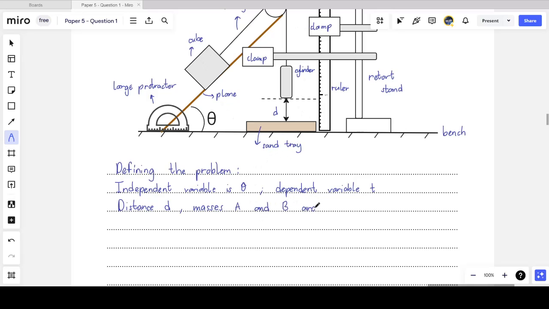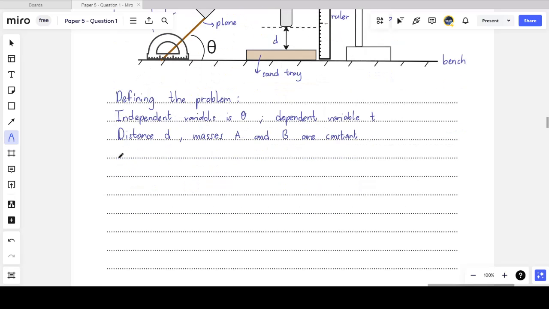Again, you don't have to write this here. You could write this later on in your guide of how we're going to carry out this experiment, but masses A and B are constant. If you think anything else should remain constant, then you can write it down. The material of the plane, the cube, the cylinder, we can infer that we're using the same cube and same cylinder and so on.